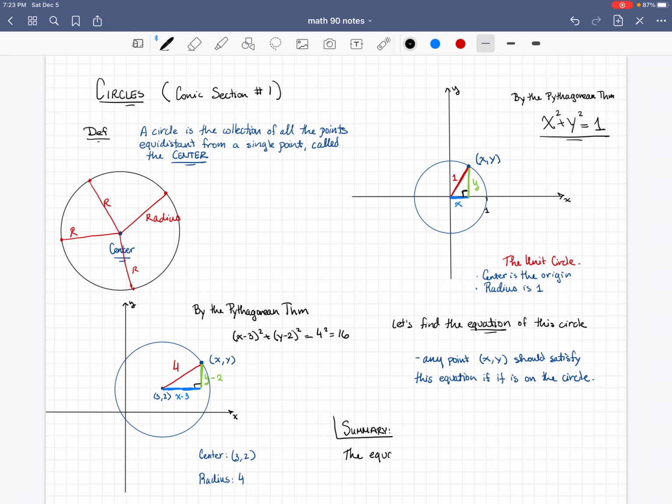The equation of the circle centered at the point (a, b) with radius r is (x minus a) squared plus (y minus b) squared is equal to r squared.